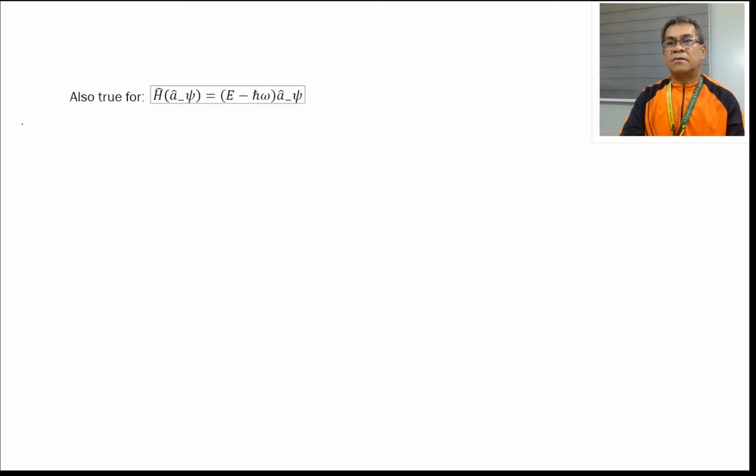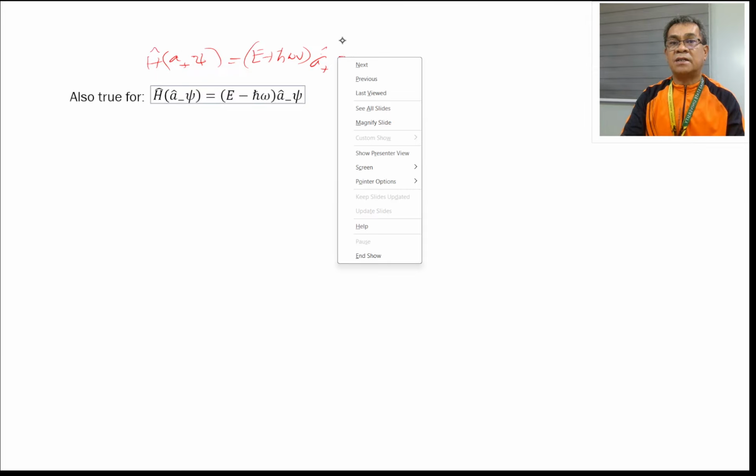Previously we said that the raising operator acts on psi, and I will let this Hamiltonian act on that, and it will come up with the energy plus H bar omega, the same operators acting on psi.